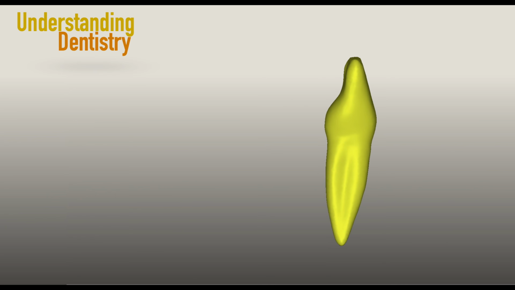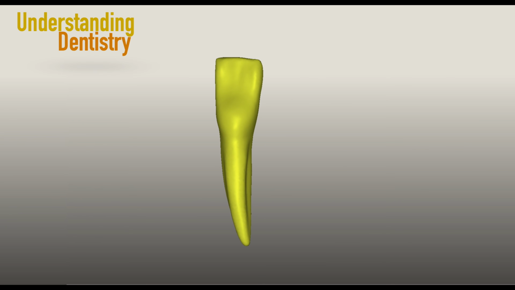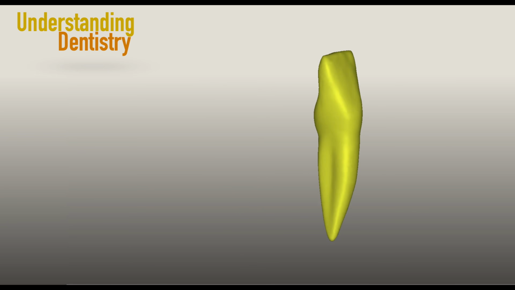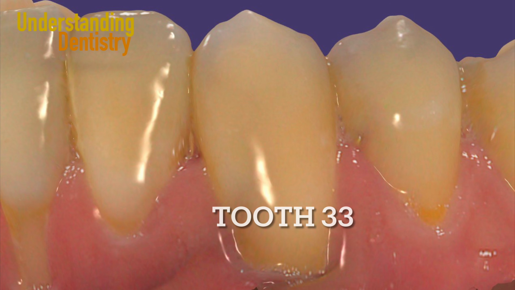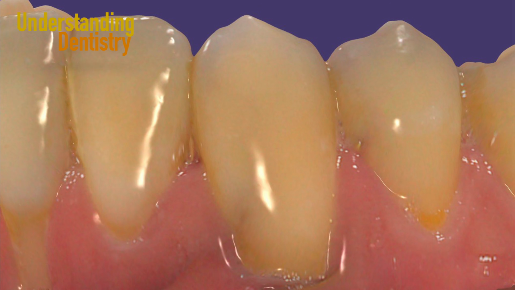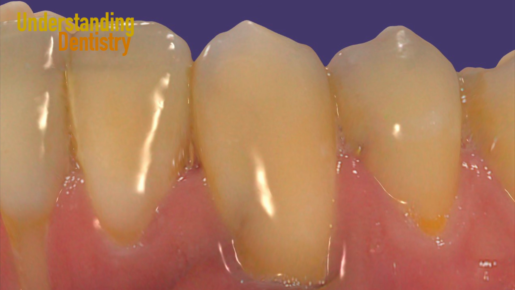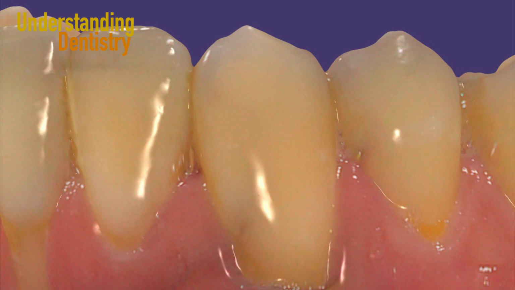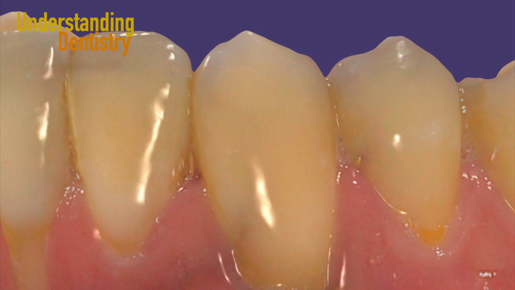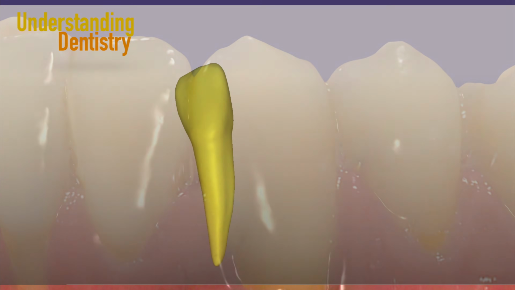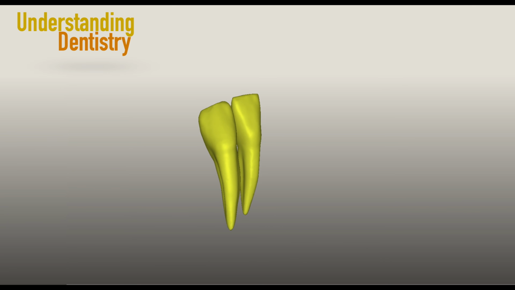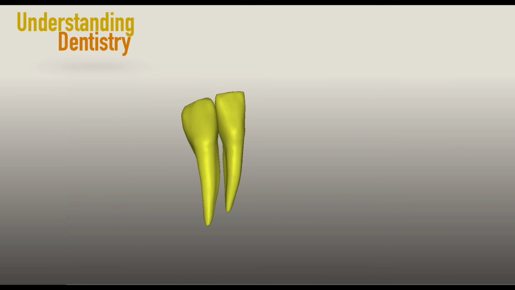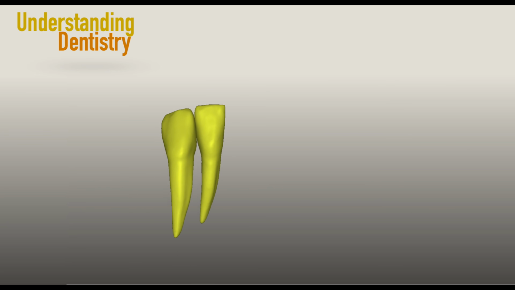So here for the lateral we don't have cingulum and palatal fossa prominent, but here for the canine we have the cusp tip closer to the mesial contact point, just like the upper one. But this tip is also a little bit more lingual as compared to the long axis of this tooth. Now we have the root of this tooth with apex with tip curved towards the mesial sometimes.